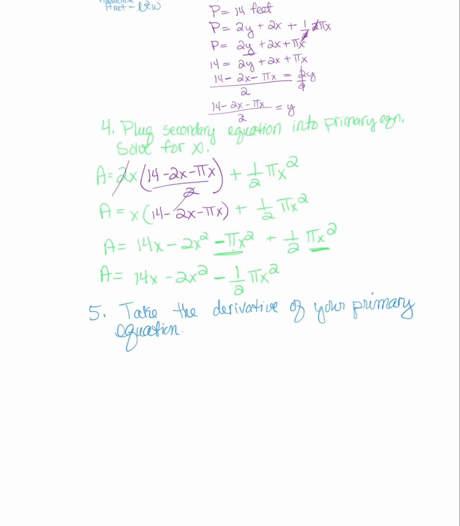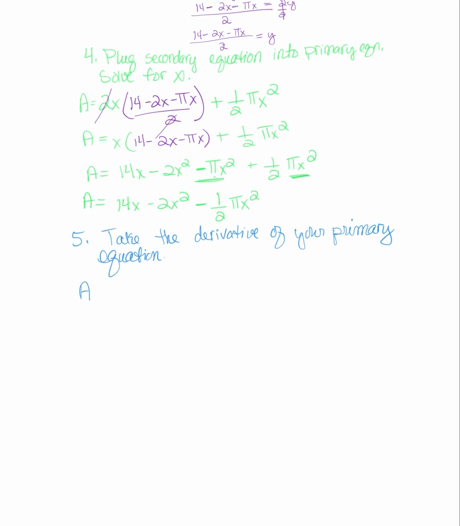Okay, so we have A prime equals 14. The derivative of 14x is 14. Derivative of negative 2x squared is going to be negative 4x. And I did that by just saying, negative 2, bring down that power, and then you have x. That leaves us with negative 4x minus 1/2.